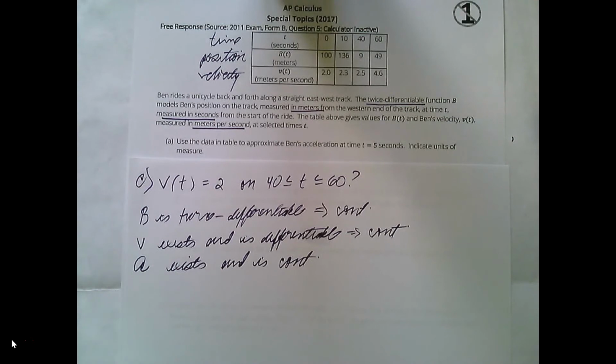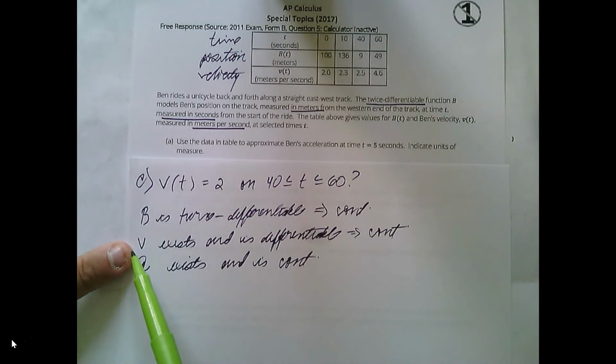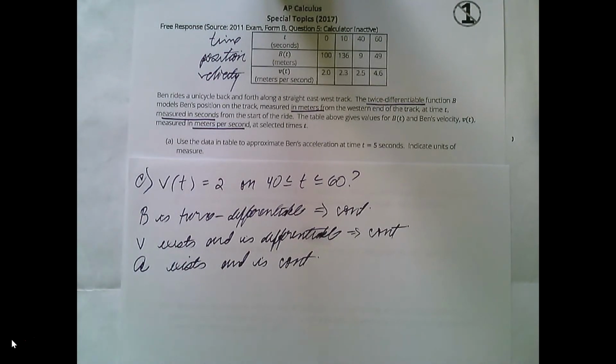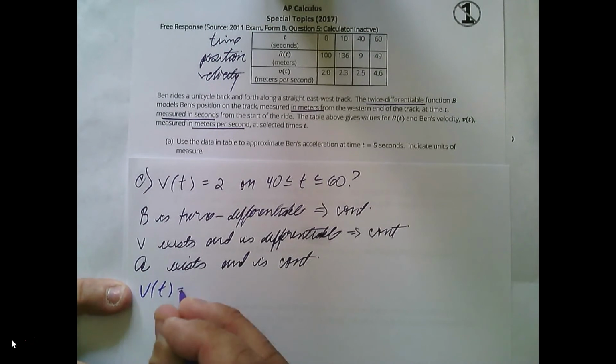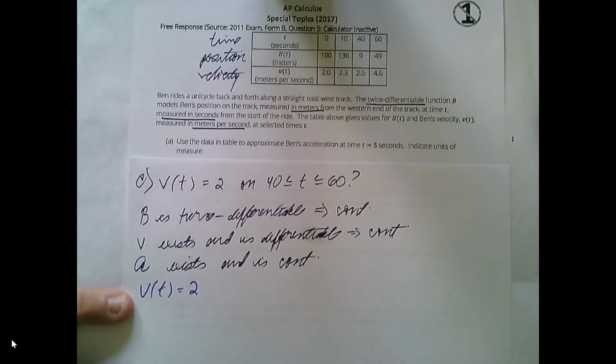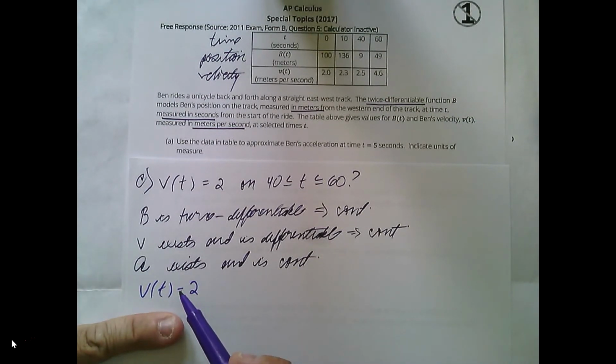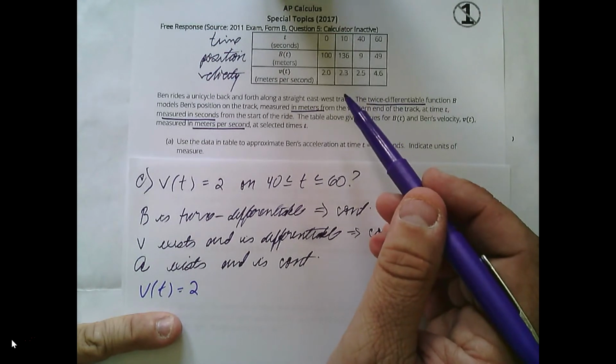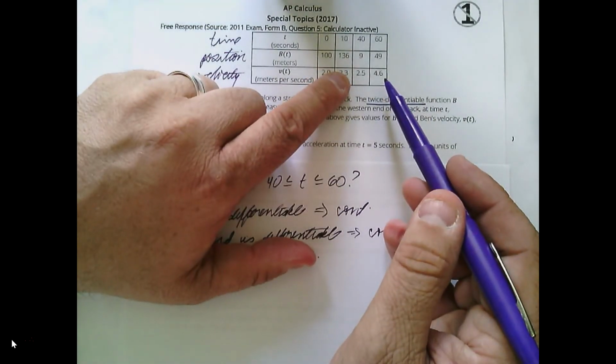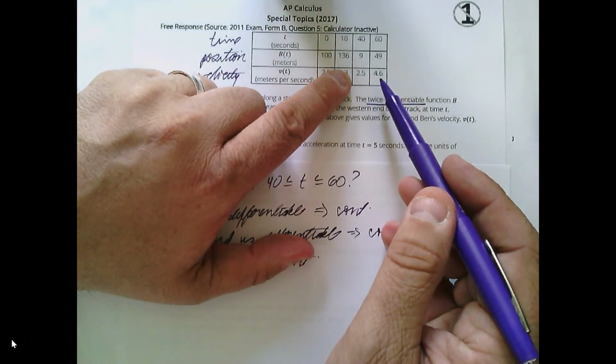Okay, well, what does that mean? We're asking about the velocity having a particular value. Does the velocity have to be equal to 2? Those are the kinds of questions that I would ask you when you were studying the intermediate value theorem. Well, bummer.